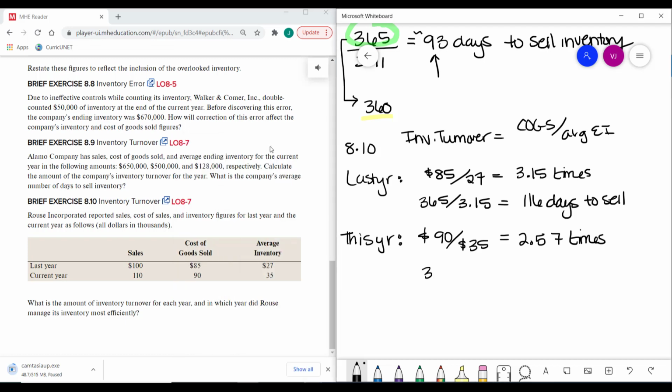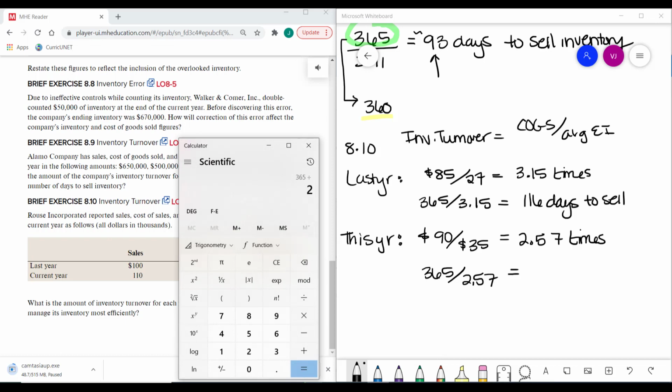Then how long did it take us to sell any given item of inventory this year? We'll take the 365 divided by 2.57. So it took us about 142 days to sell our inventory this year.